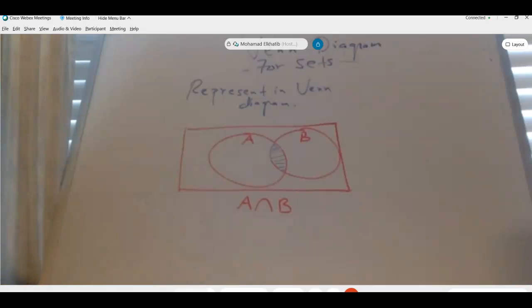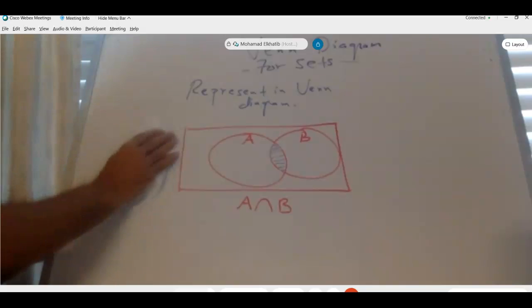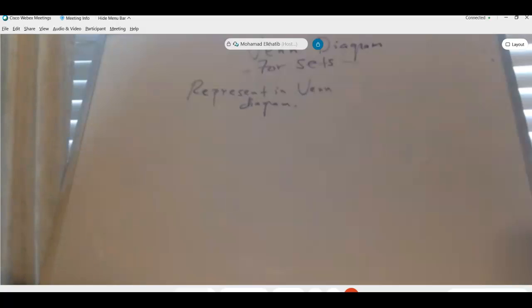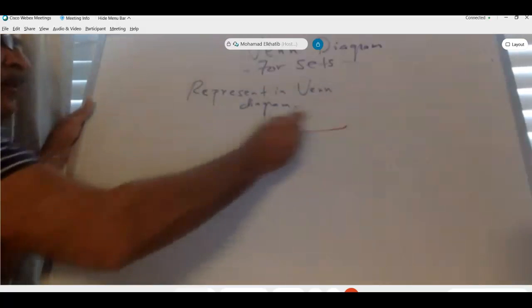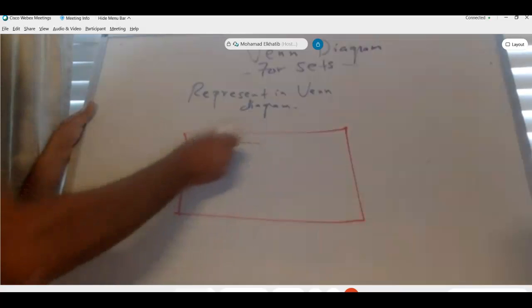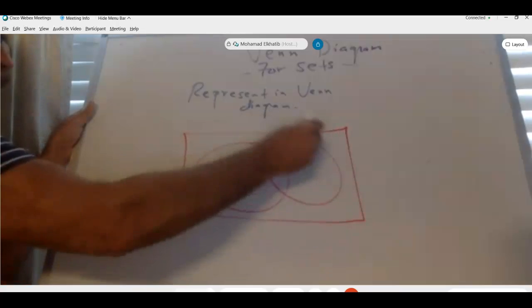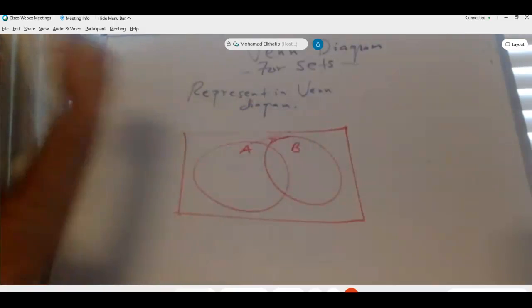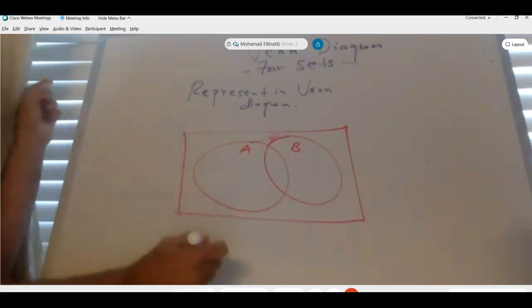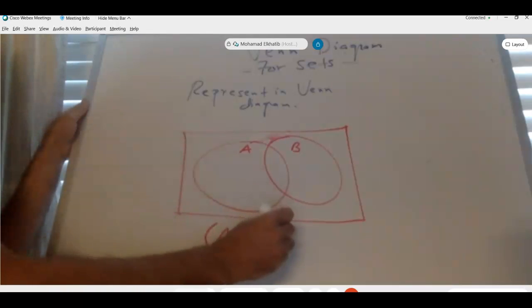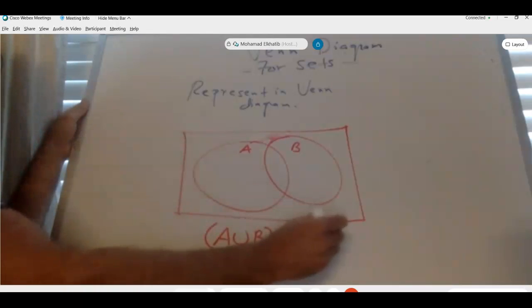All right, let's do another one. Let's make it a little bit harder. How do I represent the Venn diagram for these sets? Here I'm going to give you set A and set B. I want A union B intersection A prime.